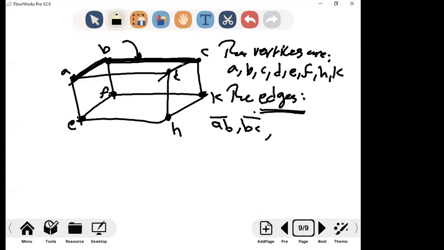How about this one? This is D, right? CD, right? You can say DC also. It's the same. But how about this one? AB or AD, sorry. Right? So we have AB, BC, CD, and DA. But how about the floor down? EH, right? HK.